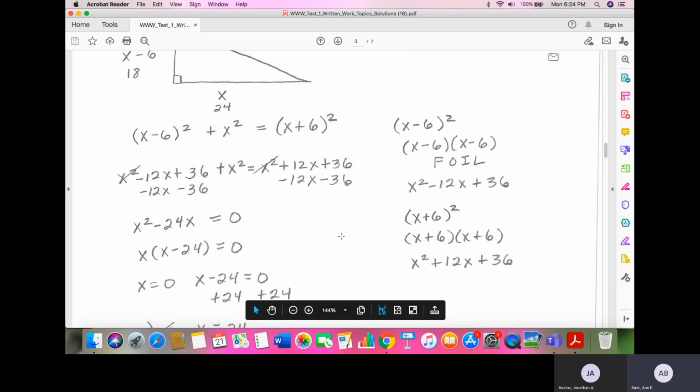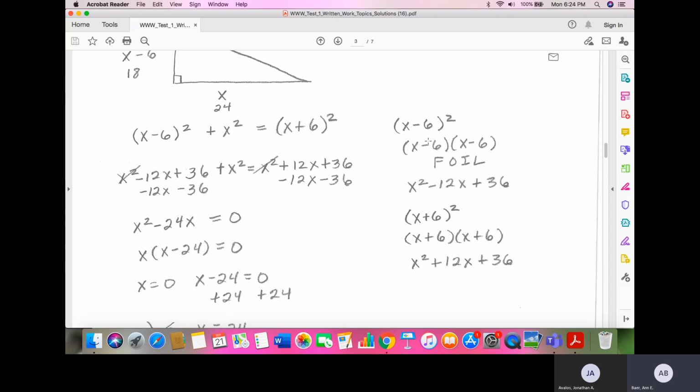So now we can work the problem. Exponents are mathematicians' way of telling how many of this base, X minus 6, we want to multiply together. We're told that we should be multiplying 2 of the base X minus 6 together. In other words, we want to multiply X minus 6 times X minus 6 off to the side here.